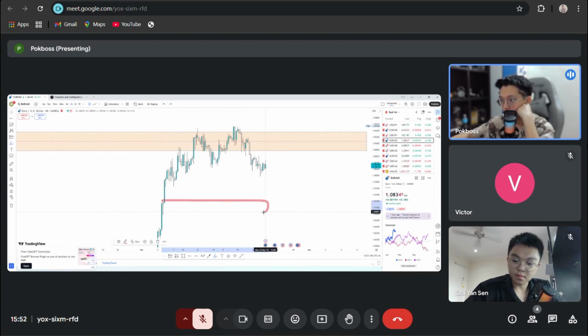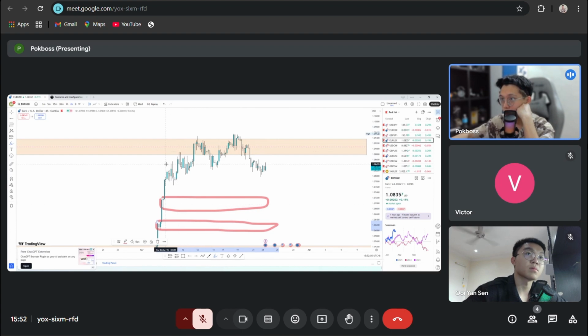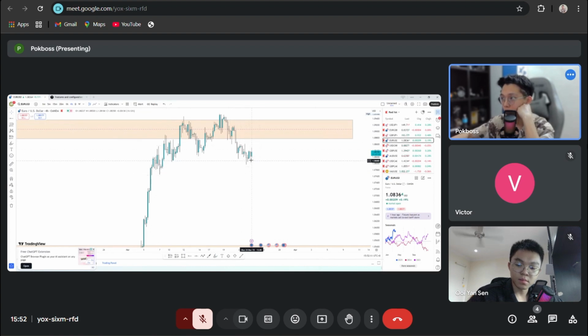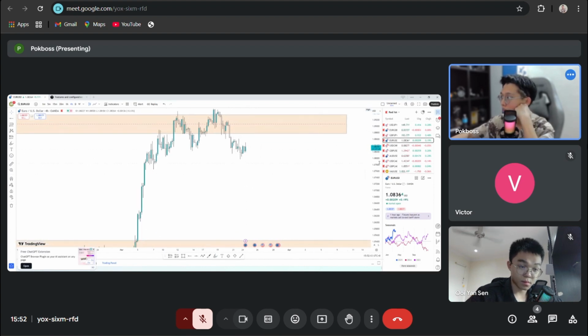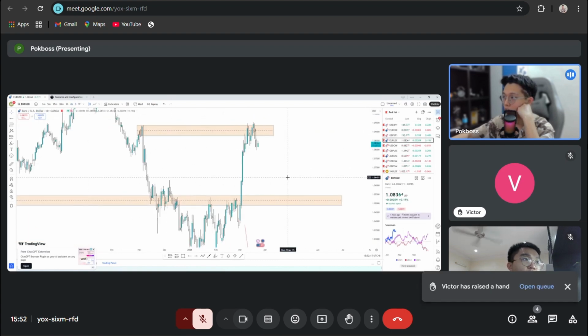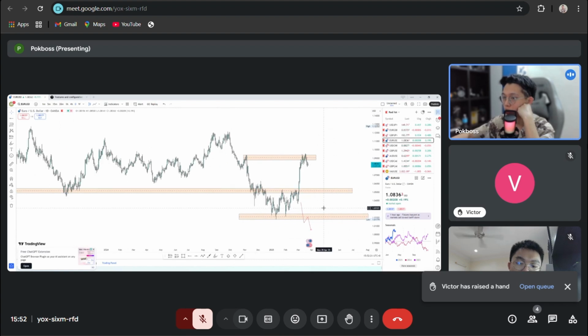And below there is still a base, so this means here is a demand zone. We need to wait patiently. Let's see what the market shows us. The conclusion is we focus on sell, but I didn't see any trading opportunity yet.